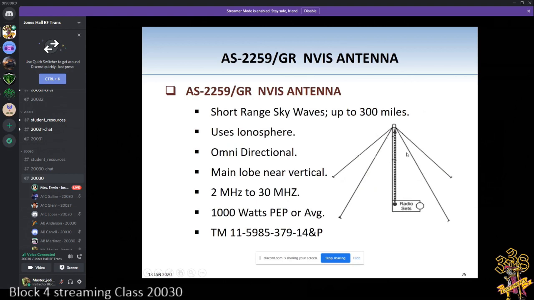This is the ionosphere because this is for HF. It is omnidirectional. And again, that main lobe is going to be near vertical. Operates from 2 megahertz to 30 megahertz. And again, I think you have a little TO on it in your resources.